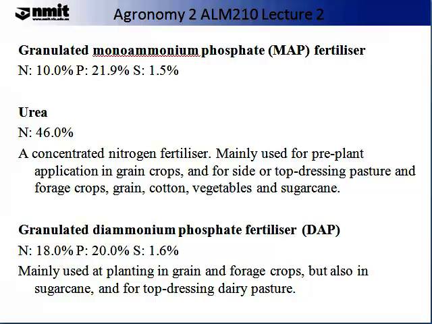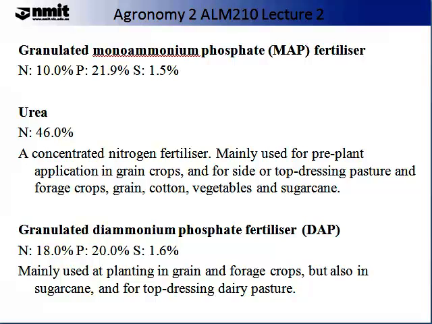Also available is the product urea. This only contains nitrogen at 46%. It is regarded as a concentrated nitrogen fertilizer, mainly used for pre-plant application of grain crops and for side or top dressing pasture and foliage crops, grain, cotton, vegetables and sugarcane.